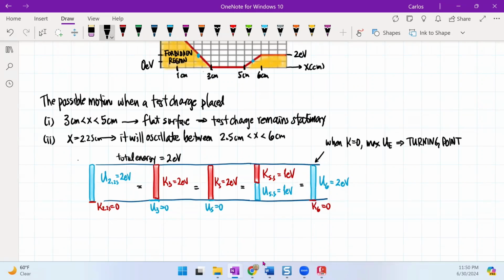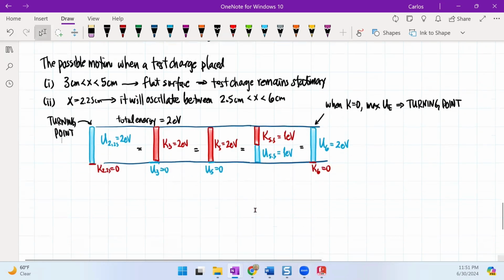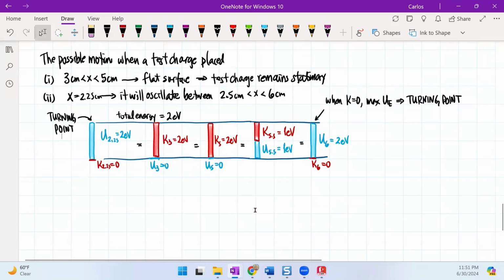And you can see that this also means there should be another turning point, because if it heads to the left, it can only go up to the same height at 2.5, which is 2 electron volts. So what we're seeing is that this particle is bound.